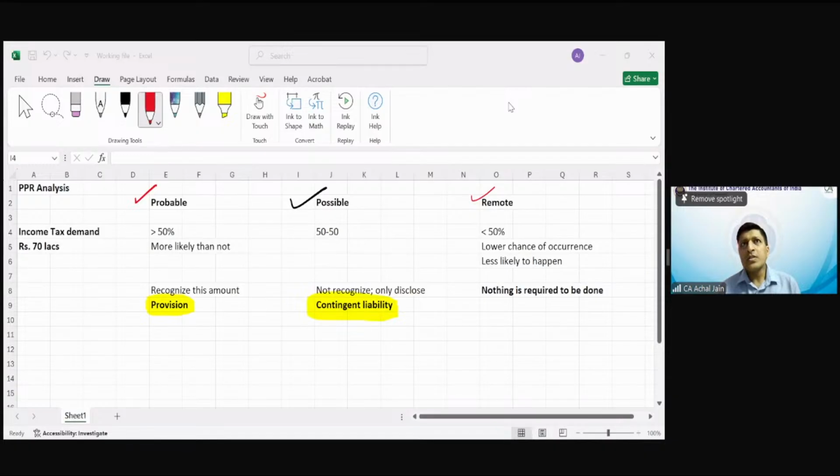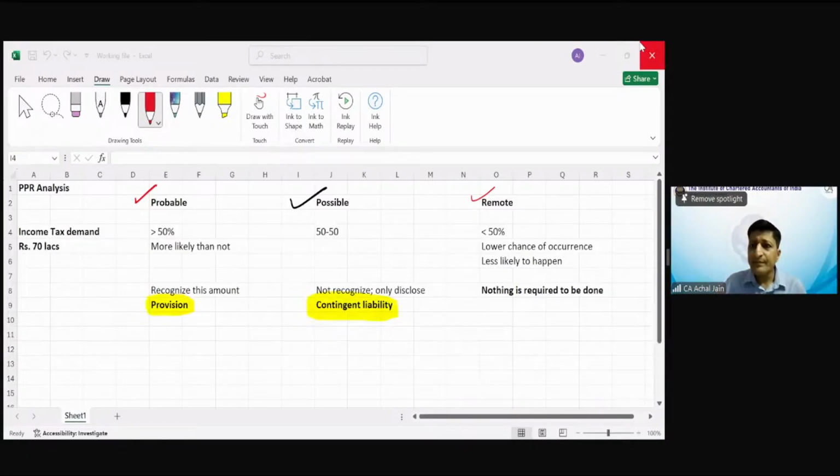But for this income tax demand, I'm not saying that this demand will always be 70 lakhs. Okay, it can be any amount. It can be 1 crore, it can be 20 lakhs, it can be 50 crore. Okay, so any amount could be there. It's only an example that we are referring here.